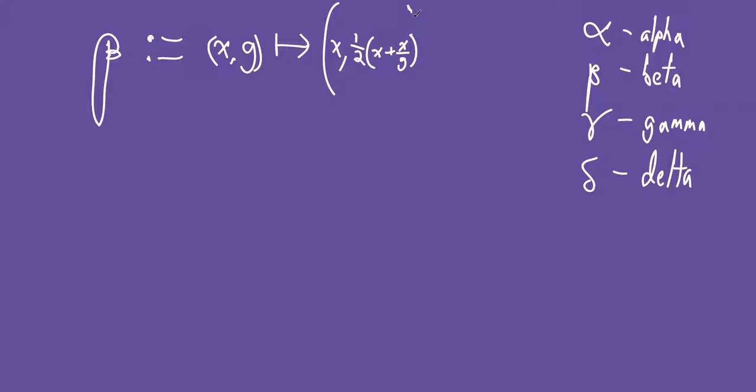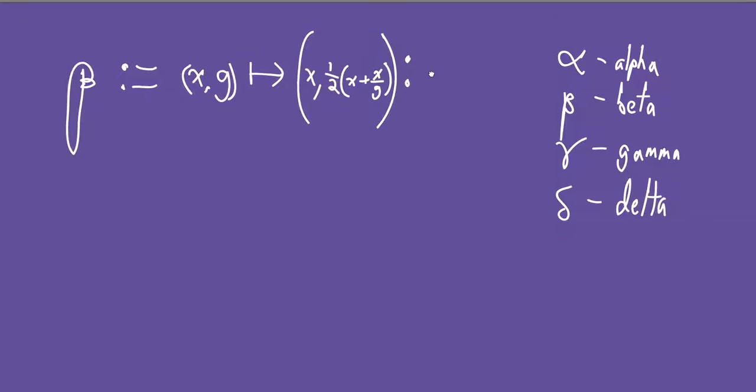If you're thinking immutable data, you're not renaming g, but you're passing g through a recursive call to get the same effect. We're going to talk more about that, because right after I finish this, I'm going to compare a Clojure implementation to a Java implementation. But anyway, back to the function. Beta is defined as a function taking the x, g tuple, mapping it to x, and replacing g with 1/2 times the quantity x plus x over g.